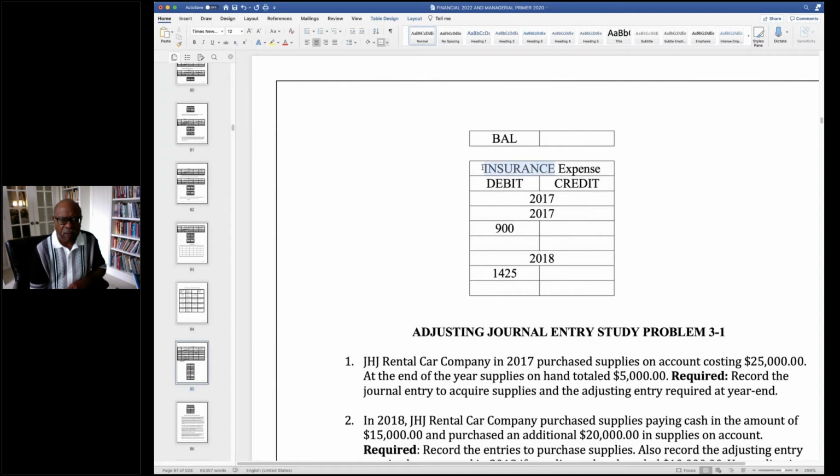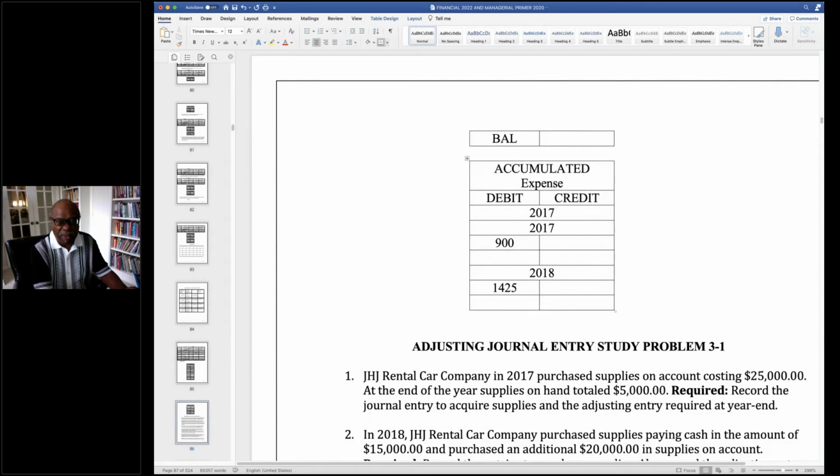I guess we're going to have accumulated depreciation now, right? Accumulated depreciation.